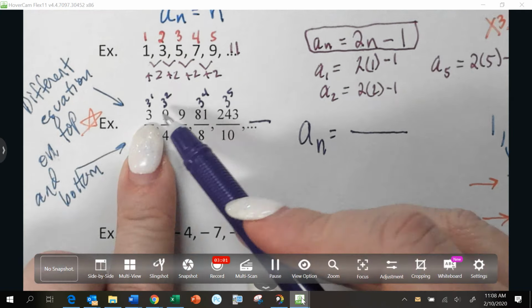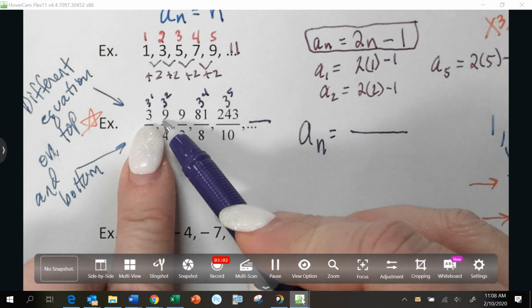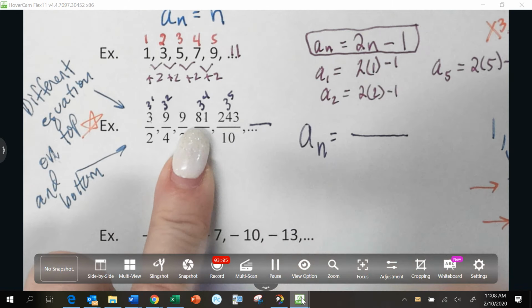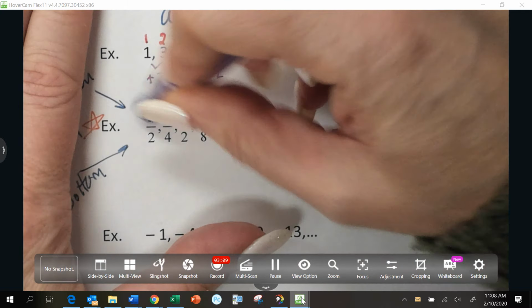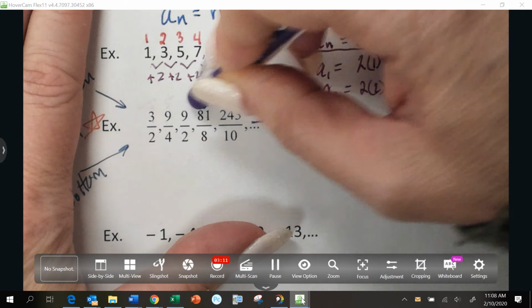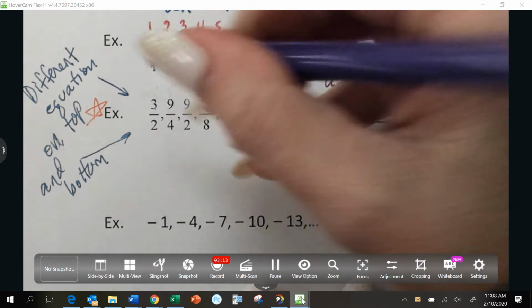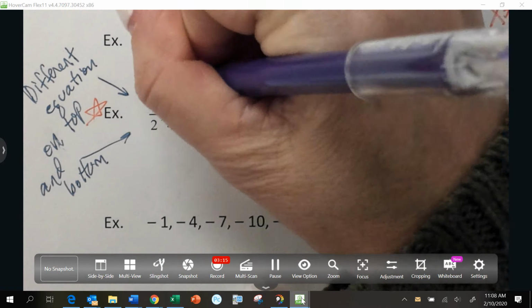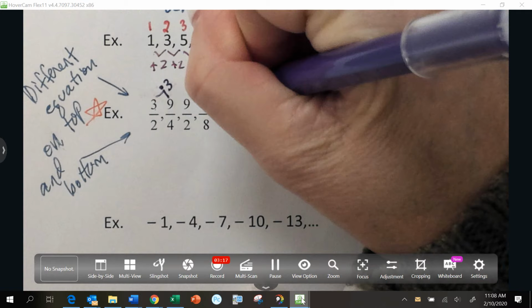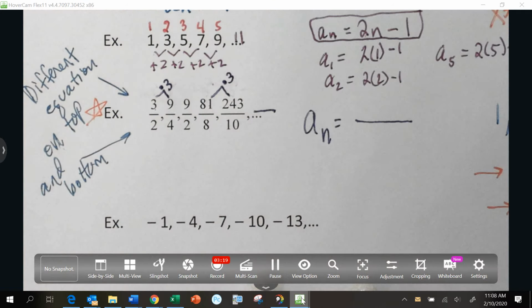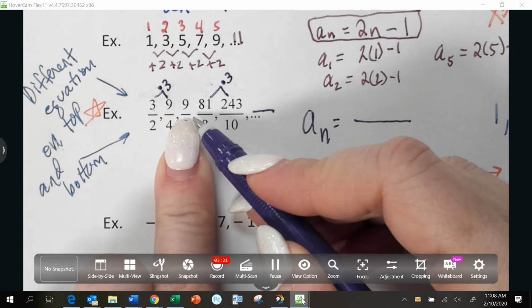So what we're doing to get from 3 to 9 or from 81 to 243 is multiplying by another 3. That's what we're doing each time. And if that's the pattern, it should be the pattern for the middle one as well.